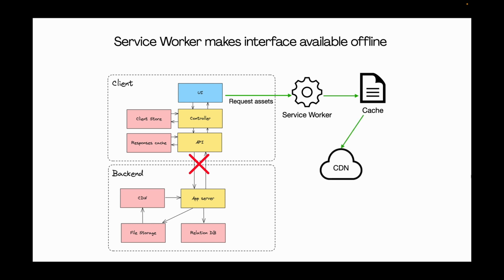But before assets appear in the cache, we have to save them into it. When the user opens the application for the first time, the service worker requests assets from the nearest CDN server. If the CDN can find files in the cache, it returns them. If not, it will get them from the web server for the first time.